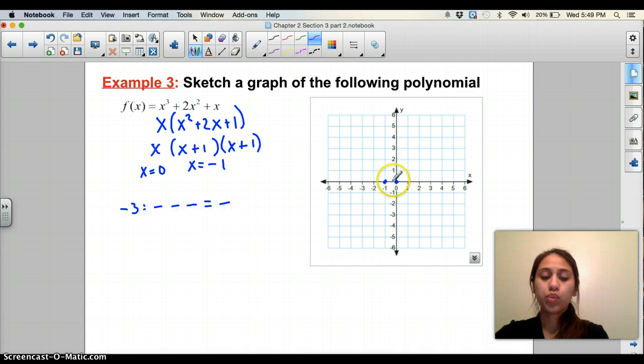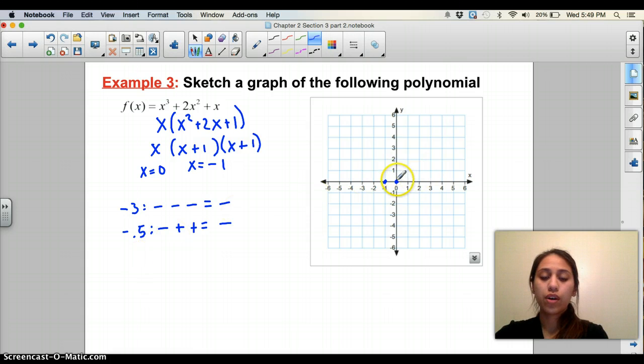Picking a value between -1 and 0, let's just pick -half. So -half is a negative. -half plus 1 is a positive. -half plus 1 is a positive. So that there is a negative.